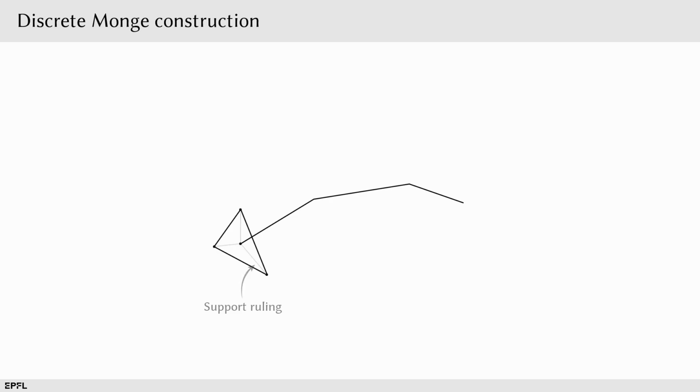We define the support rulings as the segments that connect each generatrix vertex to the first directrix vertex. Here with the projector it is a bit faint, but there are lines that connect the center dot to the vertices of the triangle.